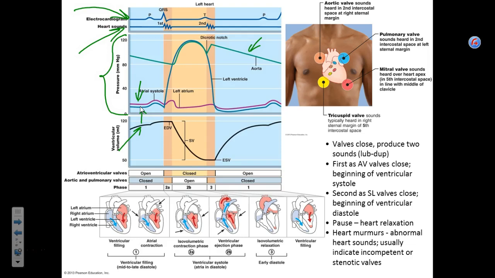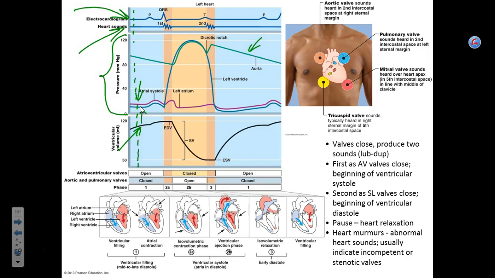Okay, so let's talk about what's going on. Now imagine we have an imaginary line that moves from the left side of the picture to the right side. Can you do it with me? Good.